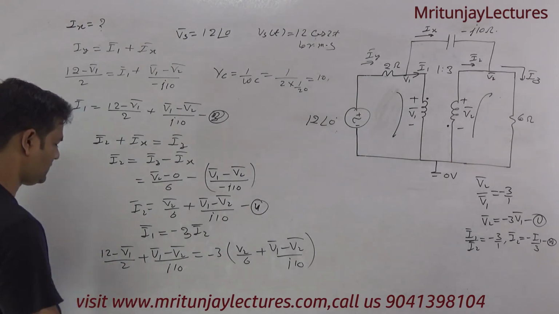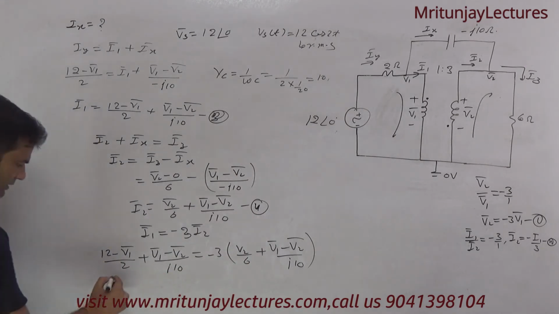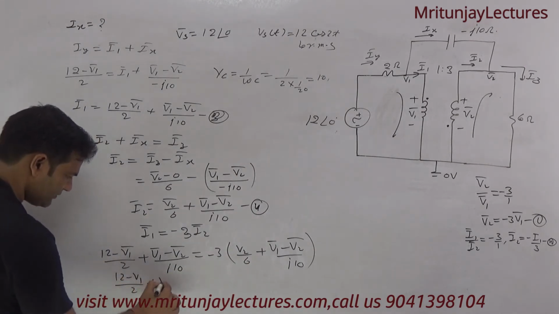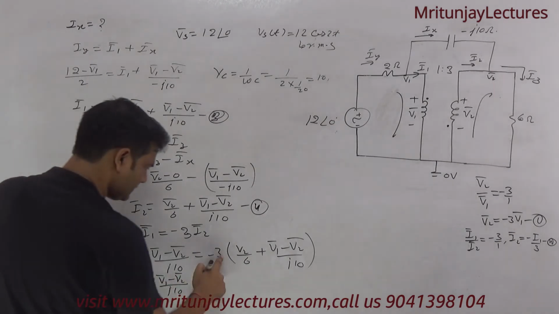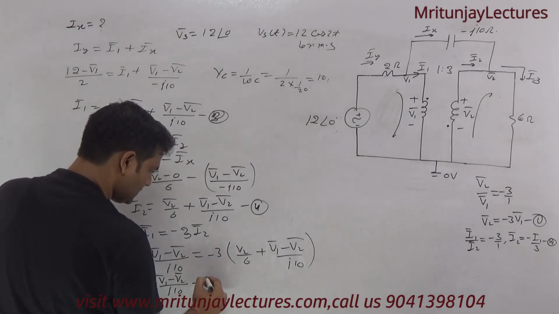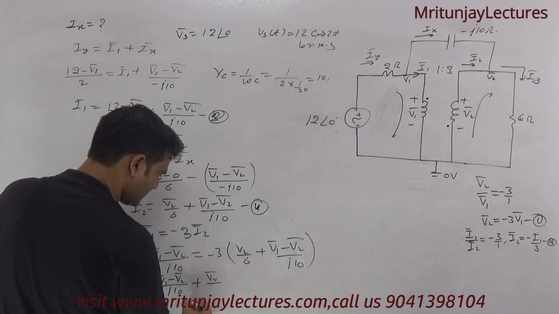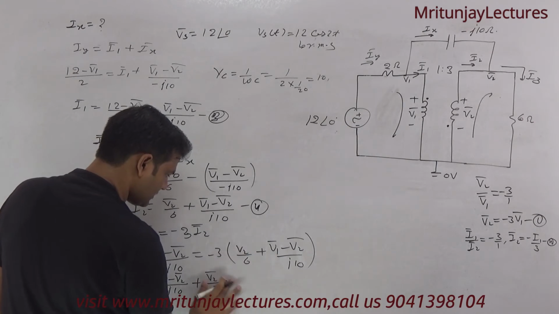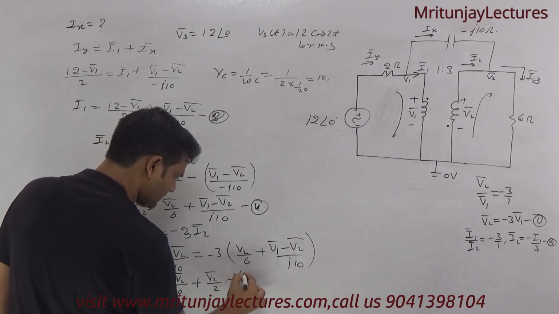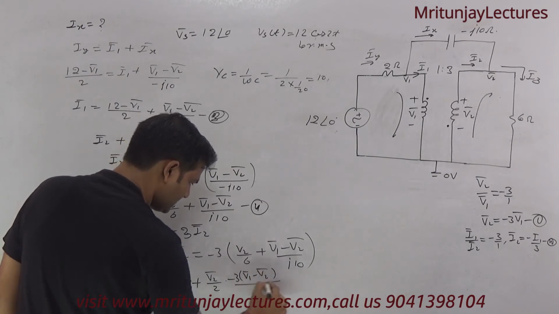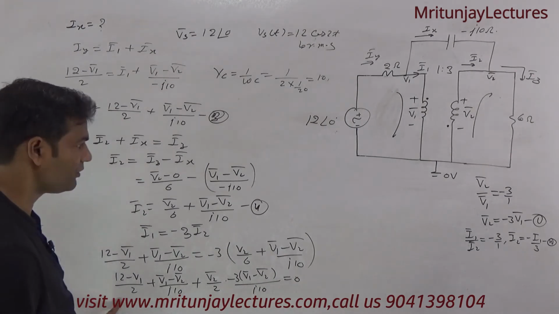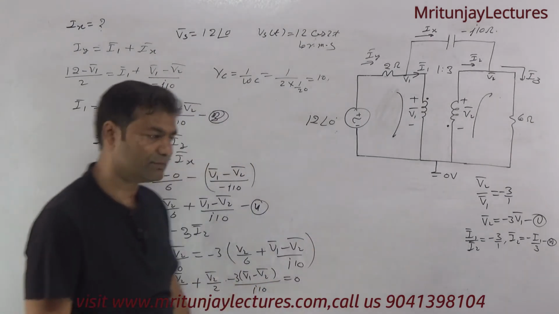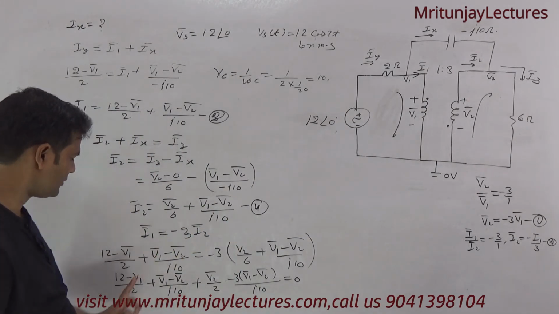Now on the right-hand side, V1 by 2 plus V1 minus V2 divided by j10 plus 3 into V2 by 6, so V2 divided by 2, minus 3 times V1 minus V2 divided by j10, will be equal to 0.